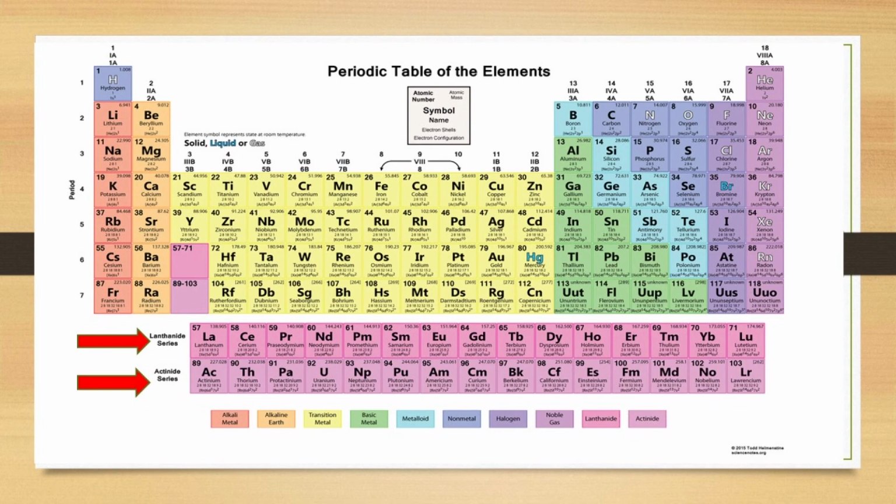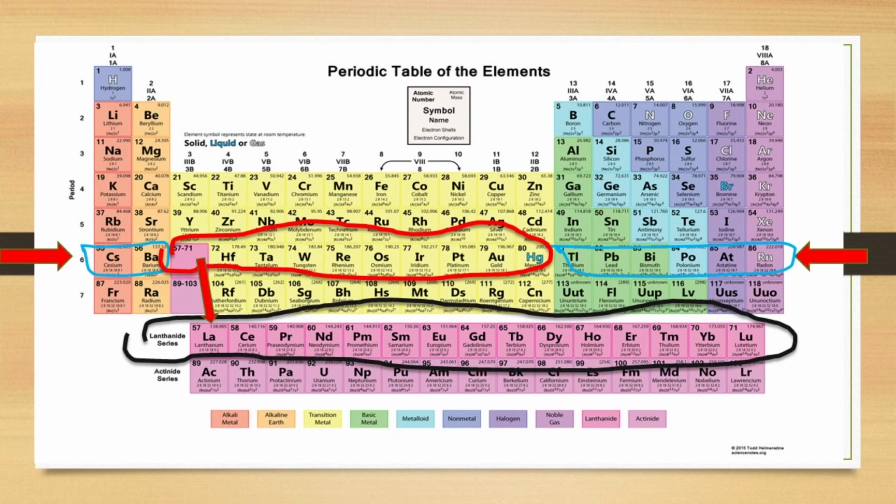Okay children, let me read the names of those elements. Cesium, barium, lanthanide, hafnium, tantalum, tungsten, rhenium, osmium, iridium, platinum, gold, mercury, thallium, lead, bismuth, polonium, astatine and radon.